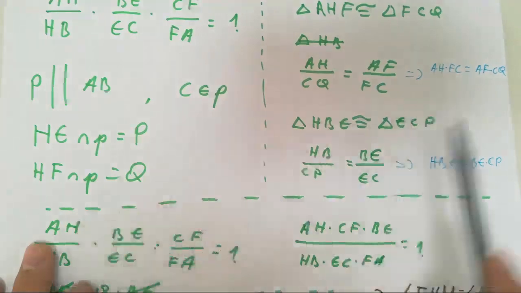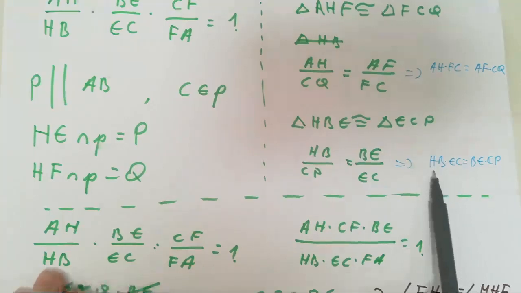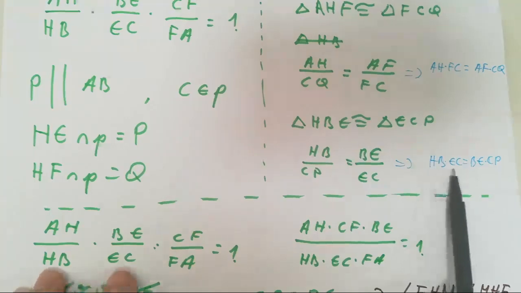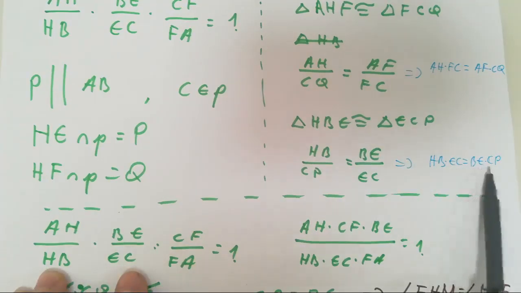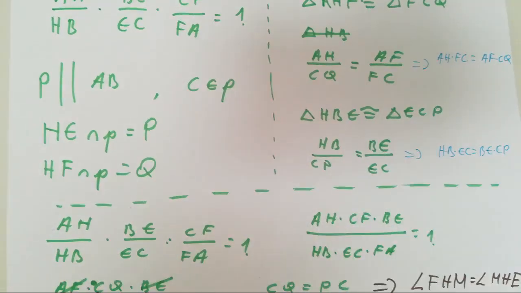We can substitute these two with AF and CQ, and the same for HB times EC is BE times CP. All right, I'm substituting them, so I have AF times CQ times BE over CP times BE times FA. BE over BE cancels, AF and FA cancel, so it means that CQ is CP.